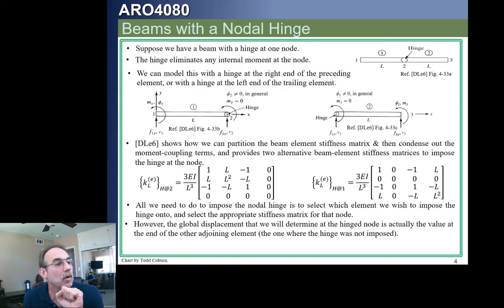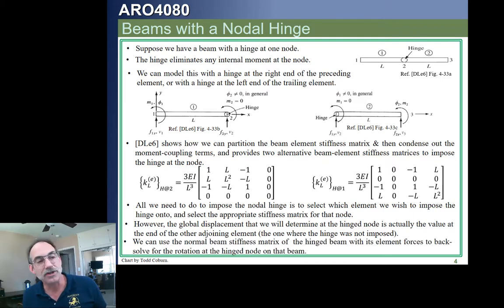Then we find the global displacements will be the value on the other end of the adjoining element. So if we decide to model the hinge at the second node of element 1, we will actually get the displacement and rotation from the other element at the first node of the other element. We'll see how that plays out in a moment.